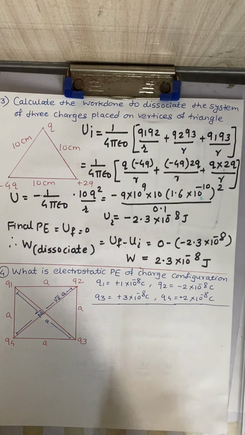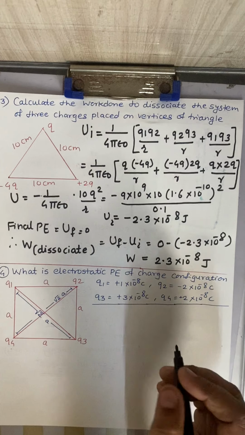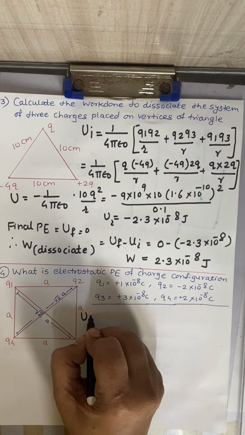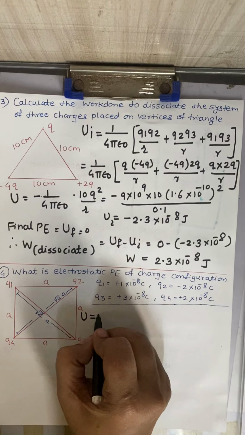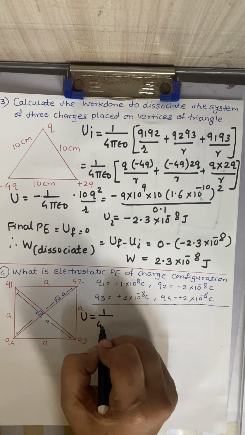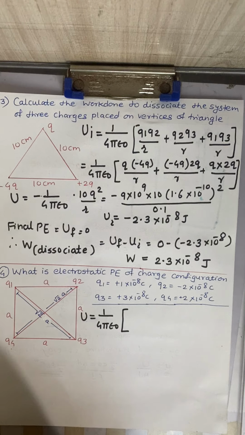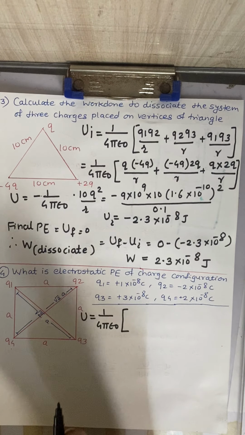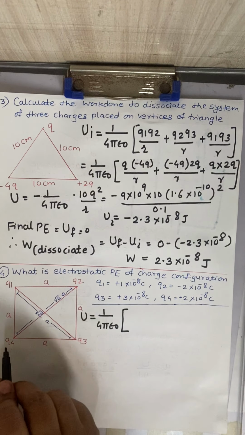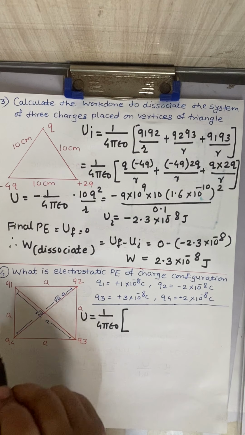Now we are going to put the formula for this. Let us understand this very properly. U is equal to 1 upon 4 pi epsilon naught. This is a fixed quantity, that's why I have taken it outside. Now first of all, q1 with respect to q2, q3 and q4.